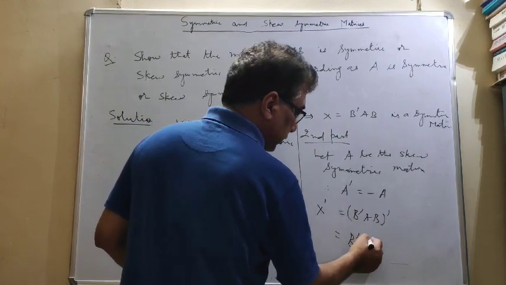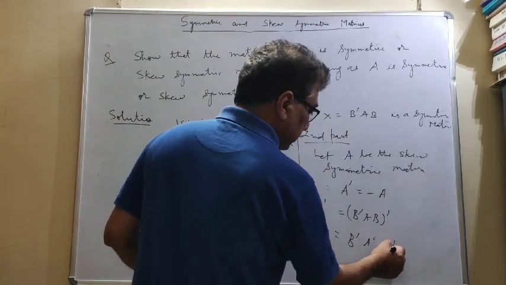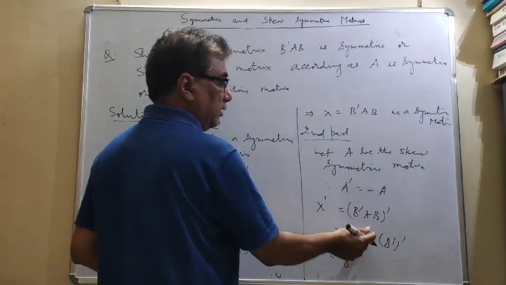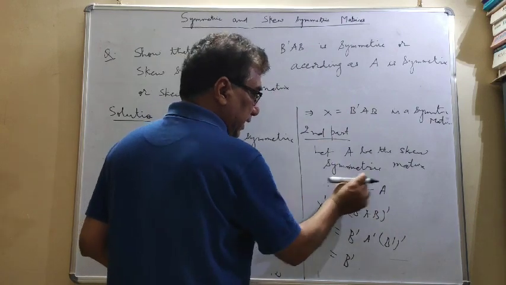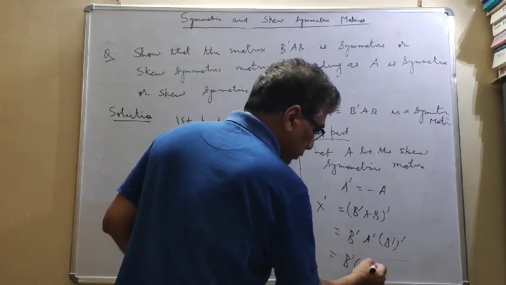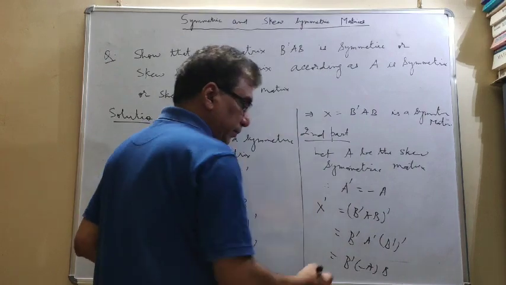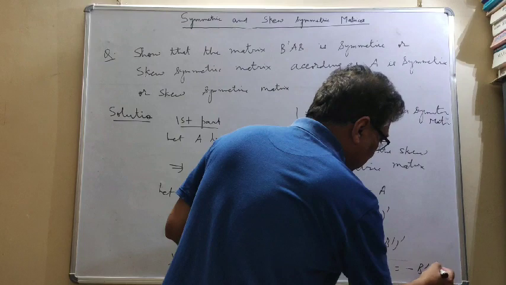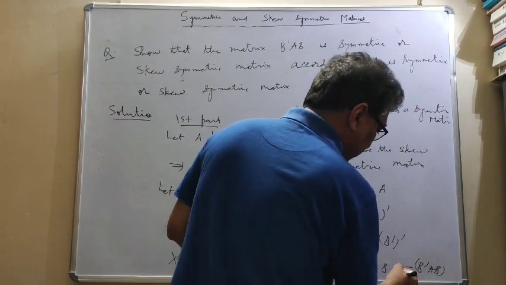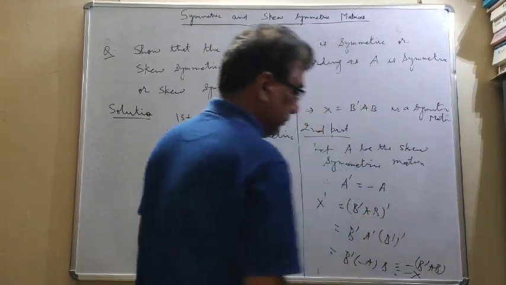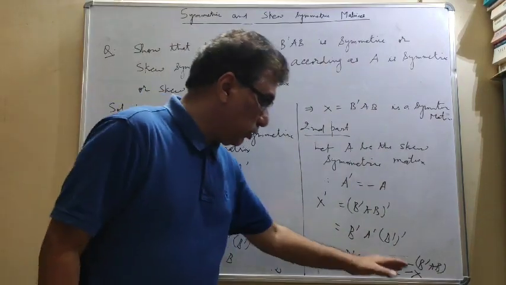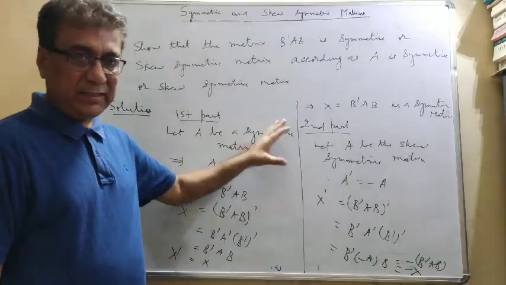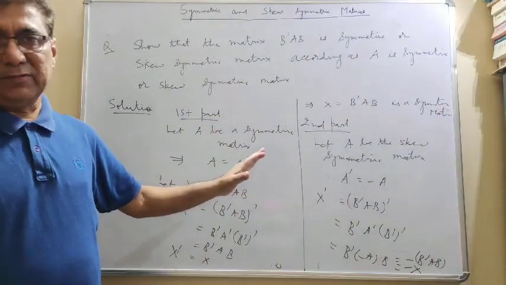So B dash, A dash, and then B dash dash, and then we are applying the condition given here, A dash is equal to minus A. This is simply B. This will be written as minus B dash AB, which is equal to minus of X. X dash is equal to minus of X, and therefore X is a skew symmetric matrix. So this is the solution of this question.